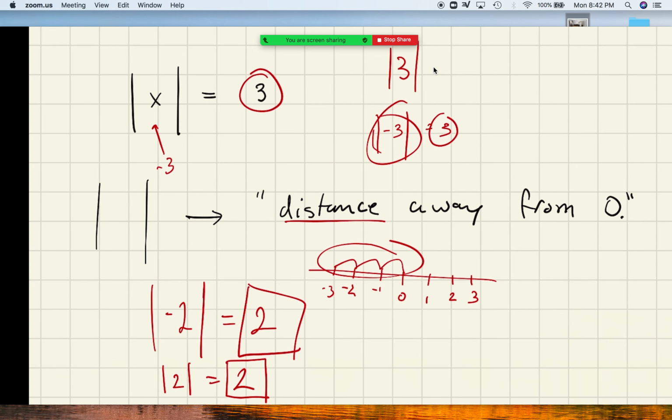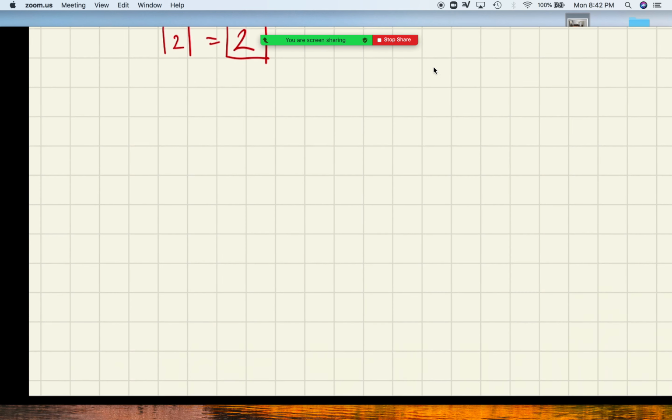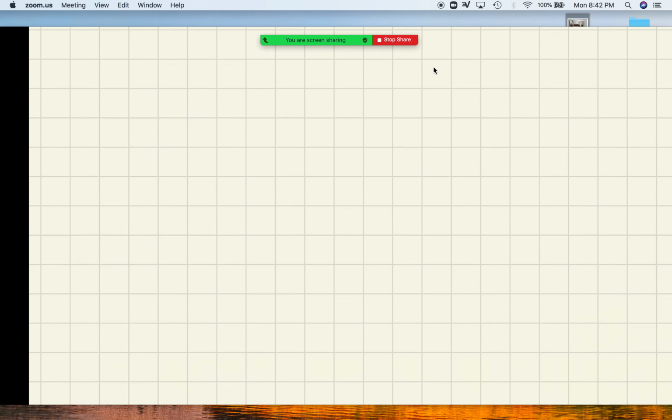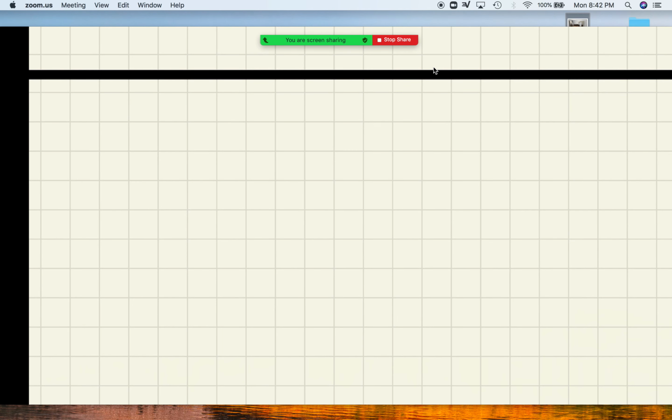You can think about it like that, but the procedure, the steps to figure it out when it gets more complicated, are really like this. If you had the absolute value of x equals 3, you can do two things.